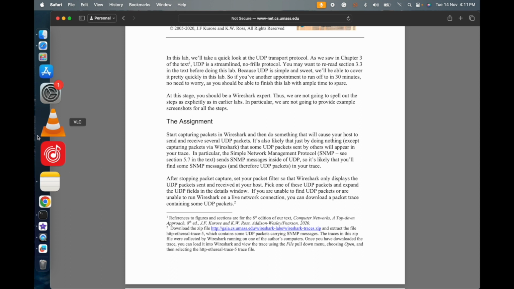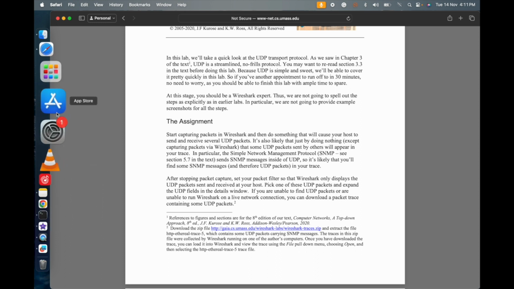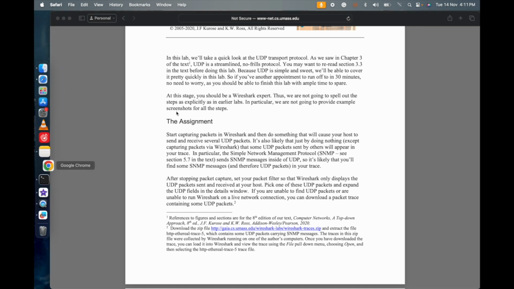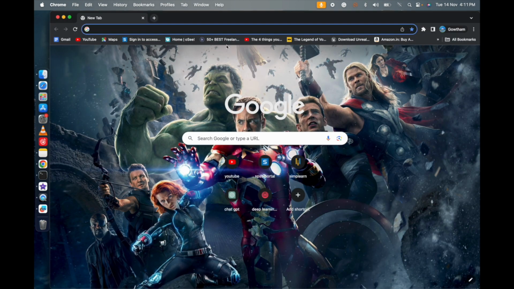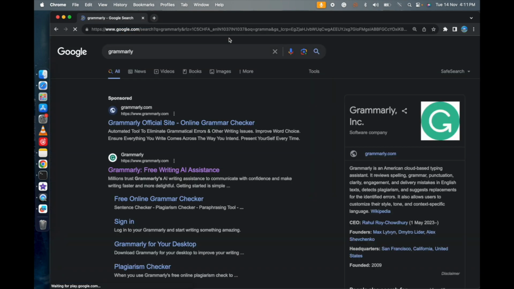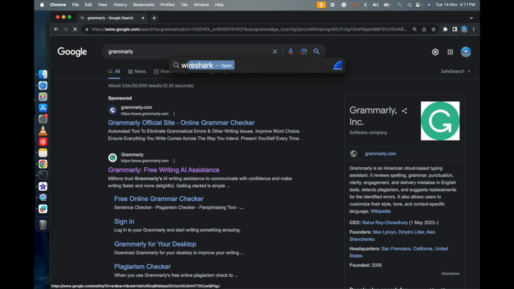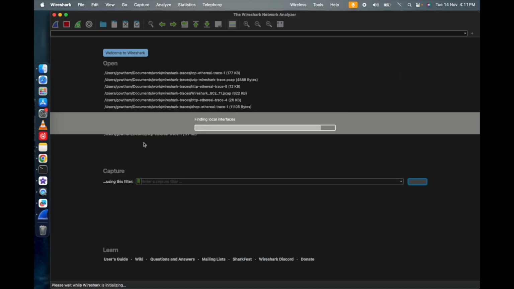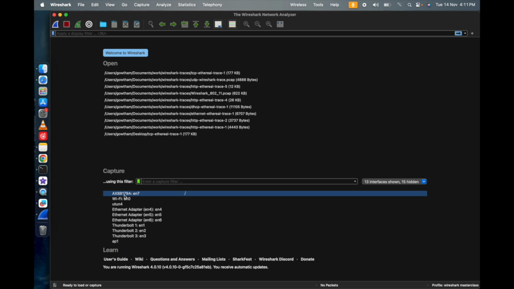Now let's just open any browser. I'll just enter something like Grammarly, and now I'll just open it up, and in parallel I'll open the Wireshark. So over here it's been running on this port, so I'm entering through this port.